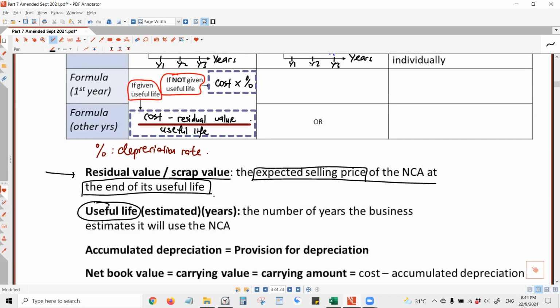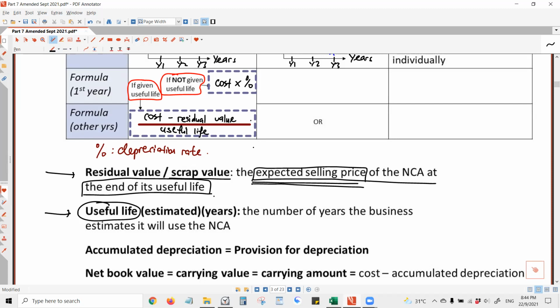For example, you bought a furniture today and you expect that you would use it for 5 years. So the 5 is useful life. So residual value means you are trying to estimate at the end of the 5 years how much you can still sell the NCA for. So that's expected selling price of the NCA at the end of useful life.